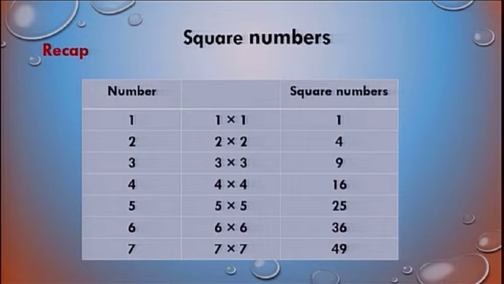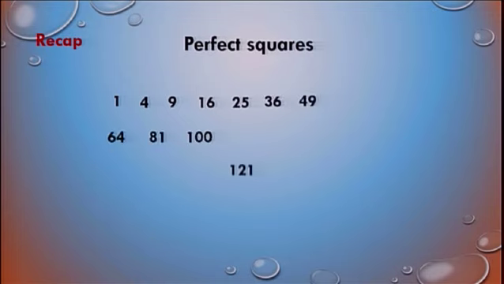Now these numbers 1, 4, 9, 16, 25, 36, and 49 are called square numbers. They are also called perfect squares. So the numbers 1, 4, 9, 16, 25, 36, 49, and so on are called perfect squares.